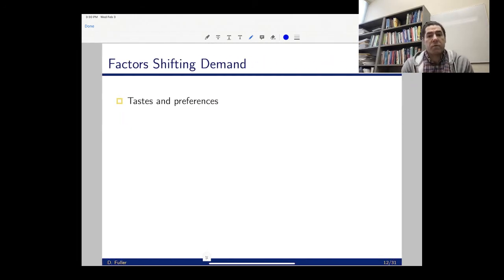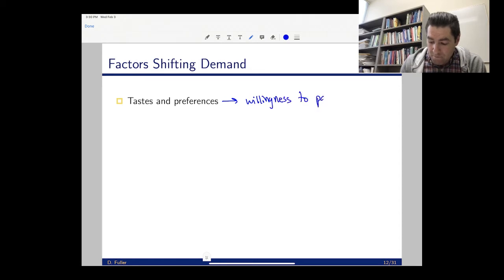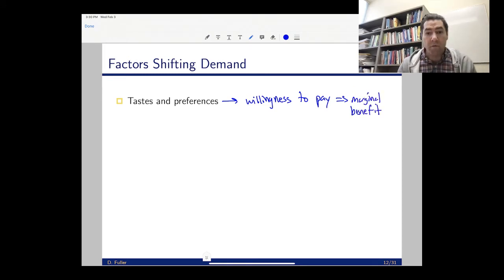Let's walk through some of these things, and we'll come back to those and understand whether it's a shift to the right or the left. Tastes and preferences is one of the big components of demand. Remember, demand came from our willingness to pay, which was related very strongly to our marginal benefit of consuming one more of that good.